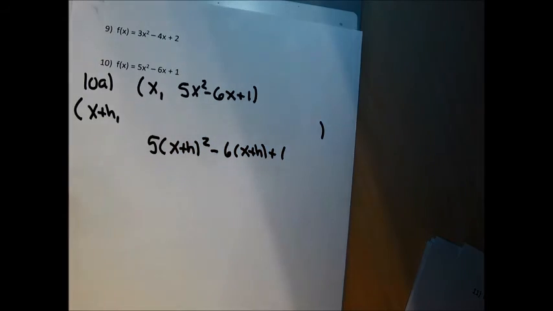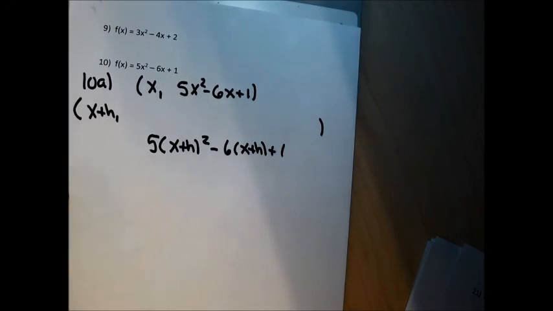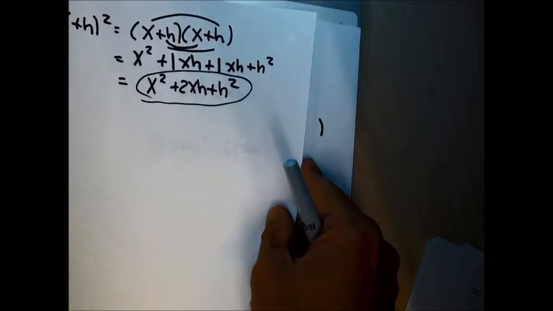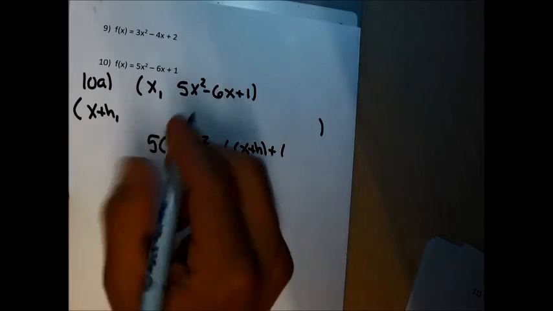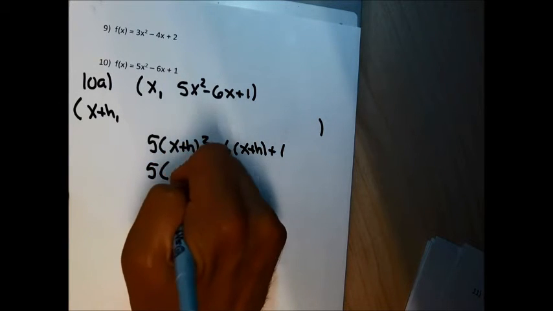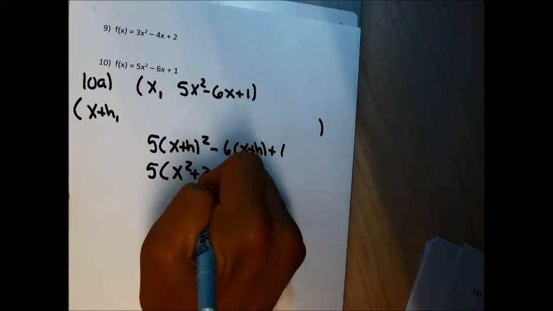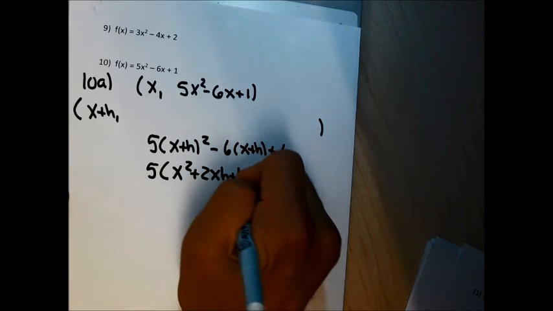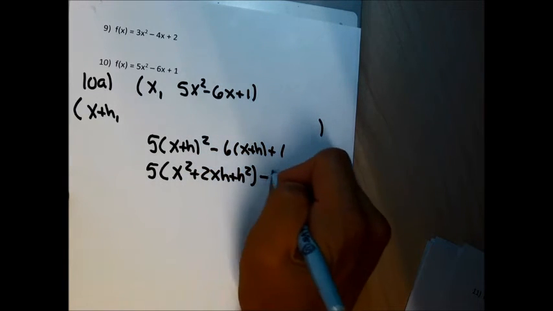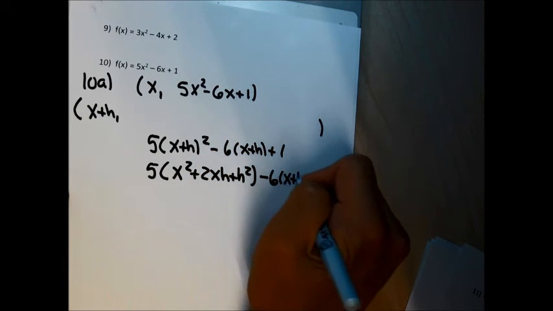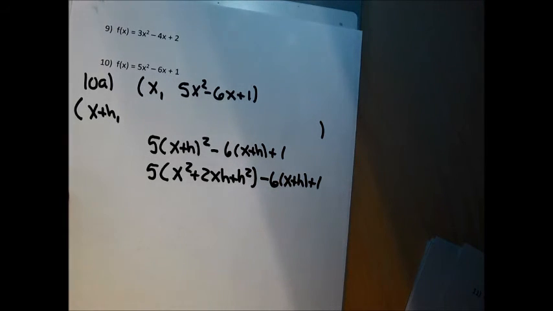h plus 1. This x plus h squared is x squared plus 2xh plus h squared. So it's going to be 5 times x squared plus 2xh plus h squared minus 6 times x plus h plus 1.